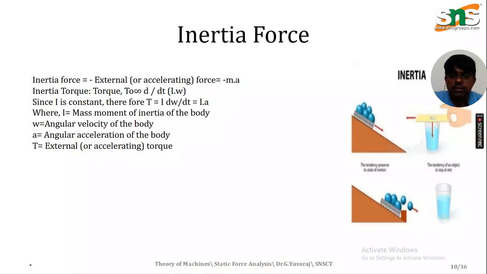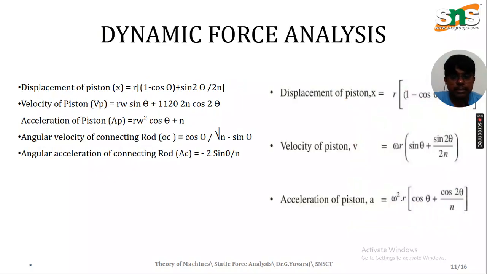So this is what the diagram shows with the example. In the dynamic force analysis of the engine, we calculate displacement, velocity and acceleration. For this we use the formula r into (1 minus cos theta plus sin 2 theta divided by 2n).